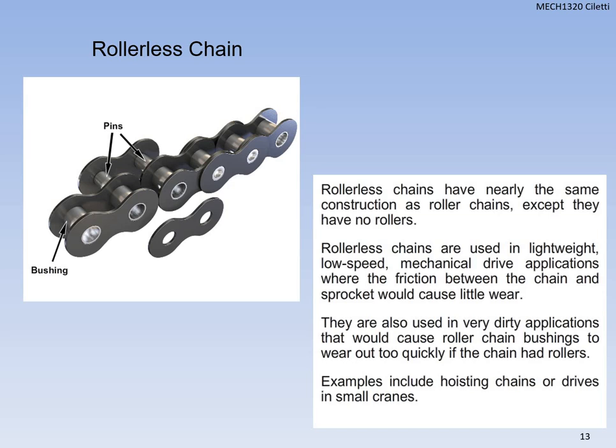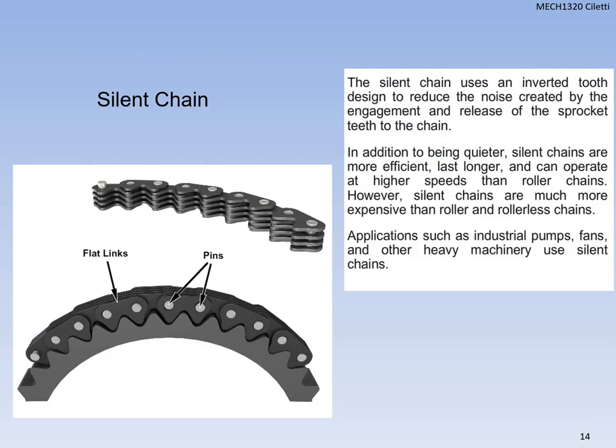So where might we use these? Hoisting chains or drives in small cranes or things along those lines. We have a silent chain here. You can see how the silent chain is a bunch of flat links stacked upon one another with pins. They use an inverted tooth design. The whole point behind silent chains is to reduce the noise. That's a very important piece for them.